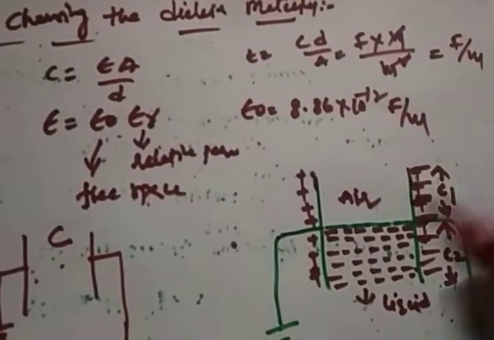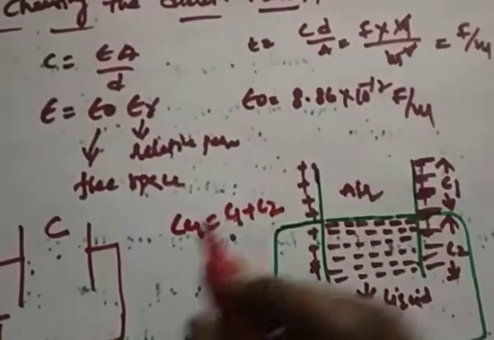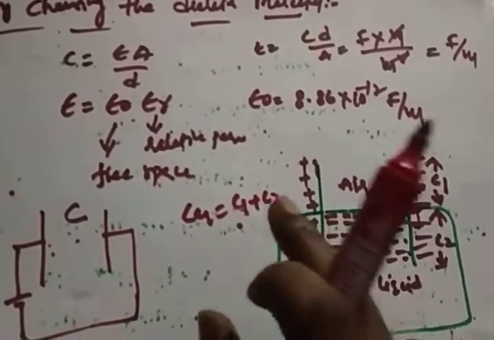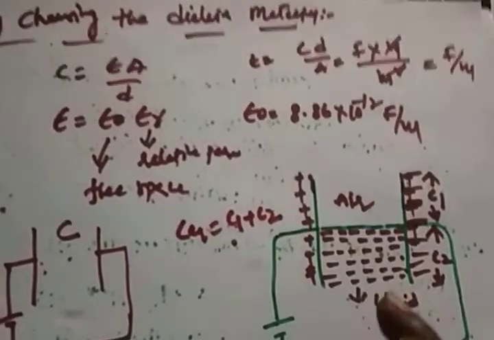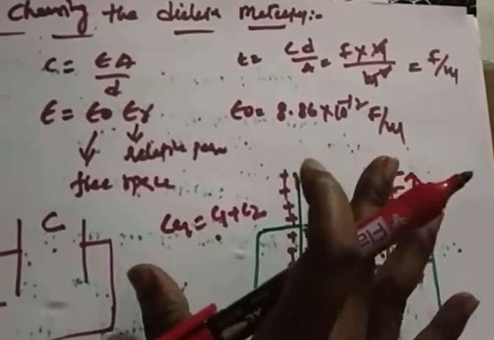So now what about the total capacitance? C1 plus C2. Because these two are in parallel, and parallel means the capacitances are added. So you are changing your capacitance by using different dielectric materials.